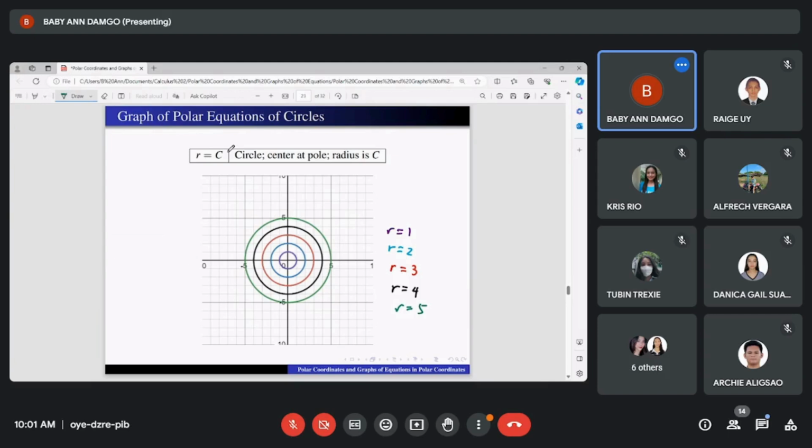Okay, next. So, if we have an equation, R is equals to 2A cosine theta, or R is equals to 2B sine theta, so this is of the form of a circle. Okay, so circle gihapon ni siya class. So, first, anhita sa cosine. Okay, so we have R equals 2A cosine theta.